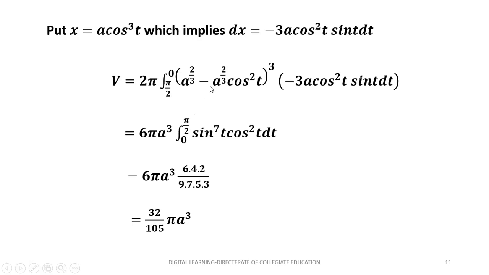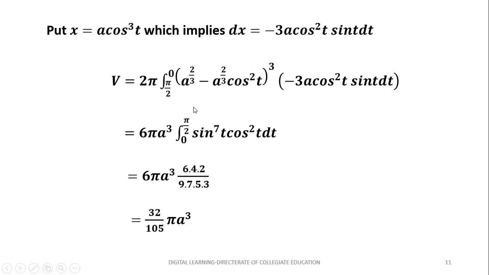Here a^(2/3) is common, whole raised to 3, so it becomes a squared. And 3a is a constant, so 3 twos are 6, a into a squared is a cube, and π is already there.